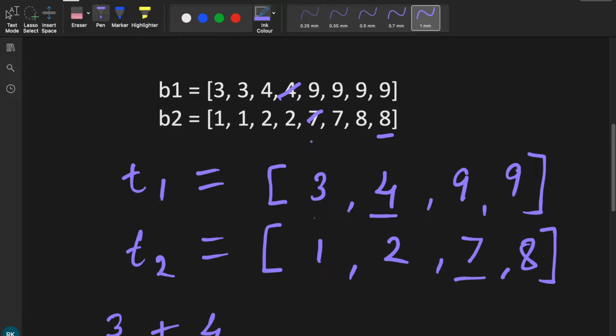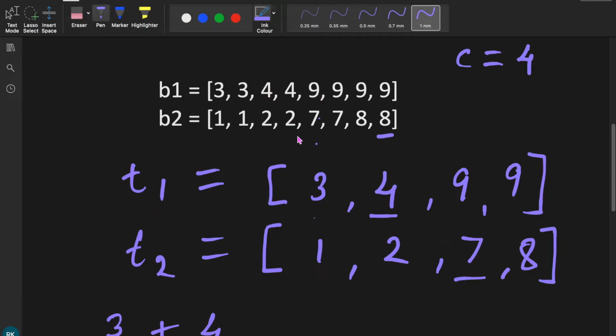We would make this 7 as 4 and we would make this 4 as 7. So what would be the cost of this transaction? The cost of this transaction will be minimum of 4, 7, which is 4. But what if we have to do it with two transactions? Now let's see that.